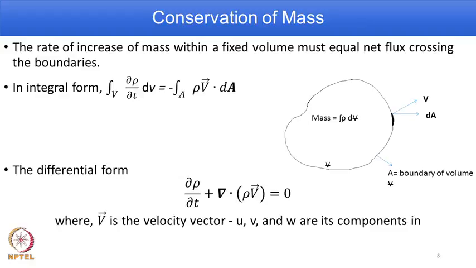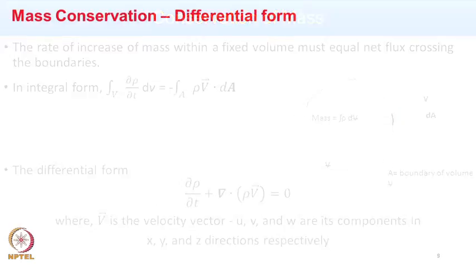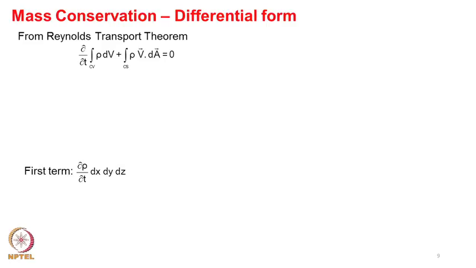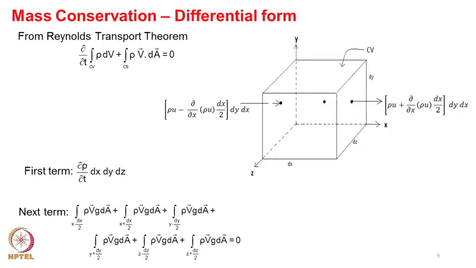V is a velocity vector, and in the Cartesian coordinate system you have u, v, w as the components of the velocity. We have already seen this, and we will now see it in detail.